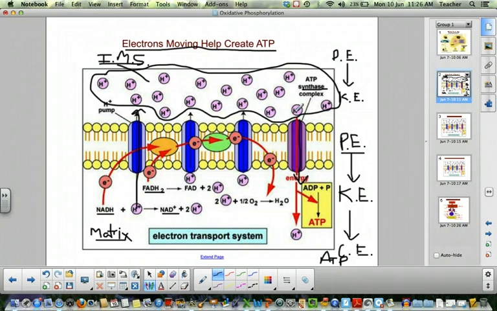That potential energy is going to eventually build up, which is going to allow the ATP synthase to convert that potential energy into kinetic energy and allow it to do work, which is going to cause ADP to turn into ATP, or chemical energy. Okay, so electrons move from high energy levels to low energy levels as they move through the transport chain, which helps create these ATP.